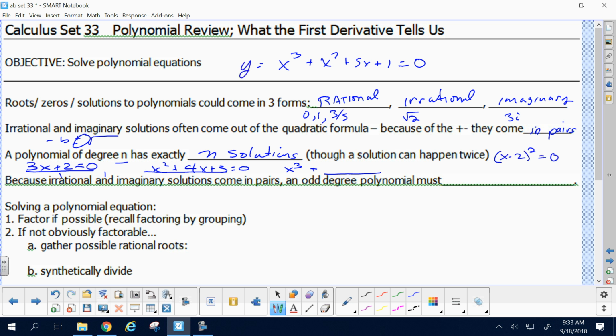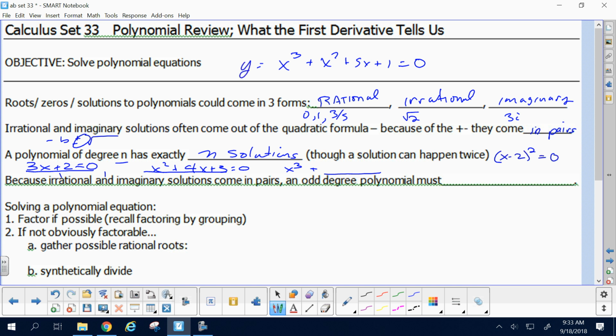Because irrational and imaginary solutions come in pairs, okay, stick with me, this requires a little deduction on your part. Because imaginary and irrational solutions come in pairs, any odd degree polynomial must have at least 1 what solution?